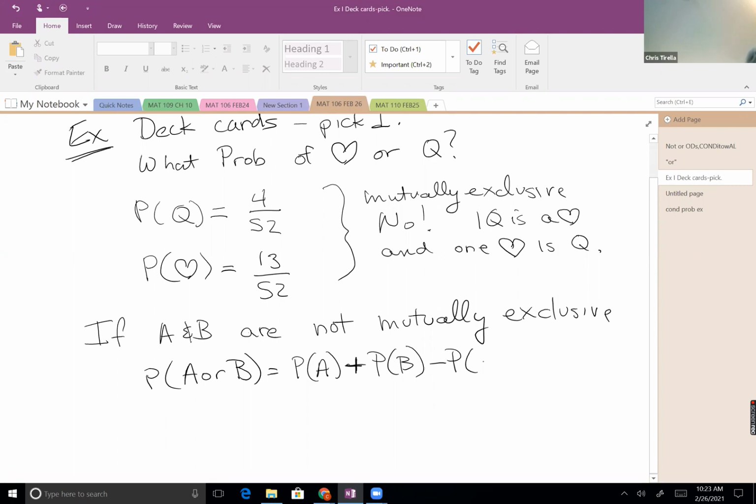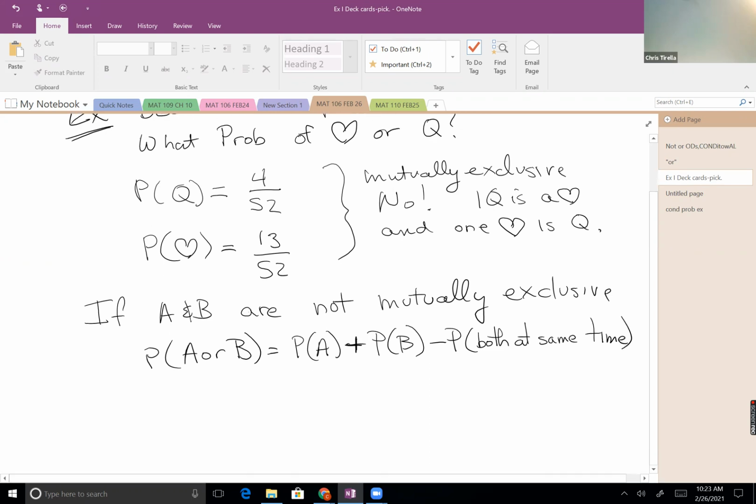Minus the probability of both occurring at the same time. So what does that mean? If we look at that example, the probability of a queen or a heart will equal the probability of the queen plus the probability of the heart minus the probability that I have a card that's both a queen and a heart.